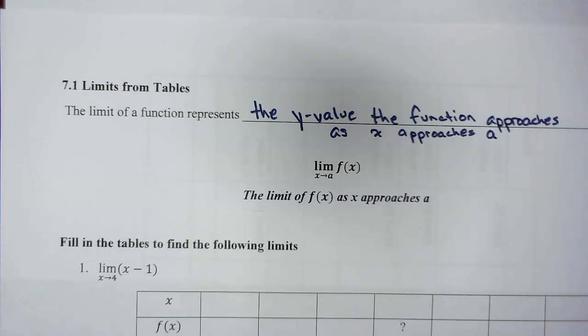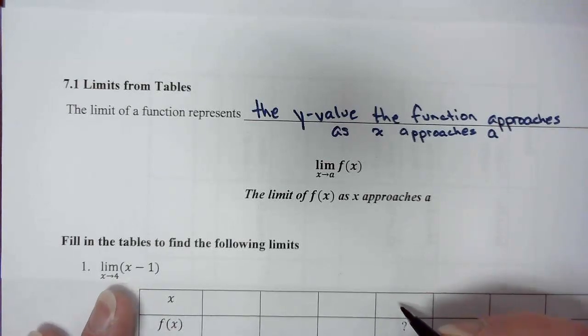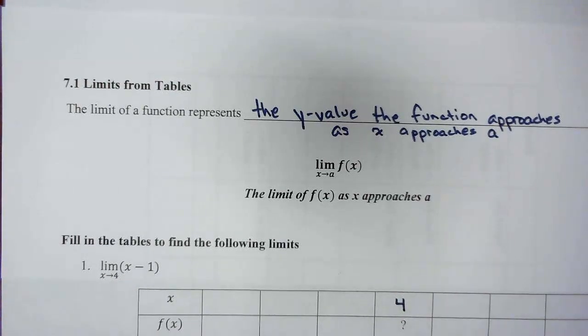Now, we don't really care what the value is. So, on this one, we're trying to find the limit of x minus 1 as x approaches 4. I don't really care what the y value is at 4, but what are we approaching? So, we want to get really, really close.